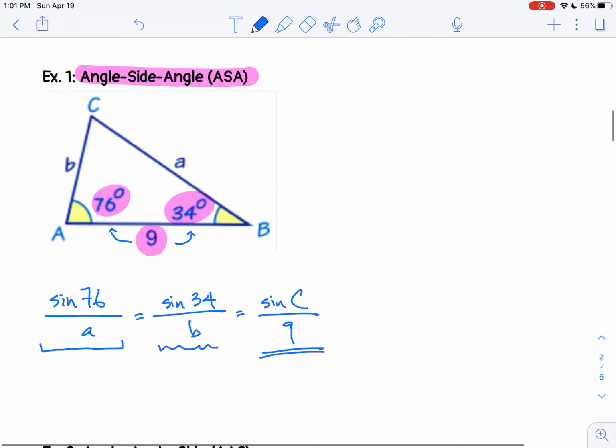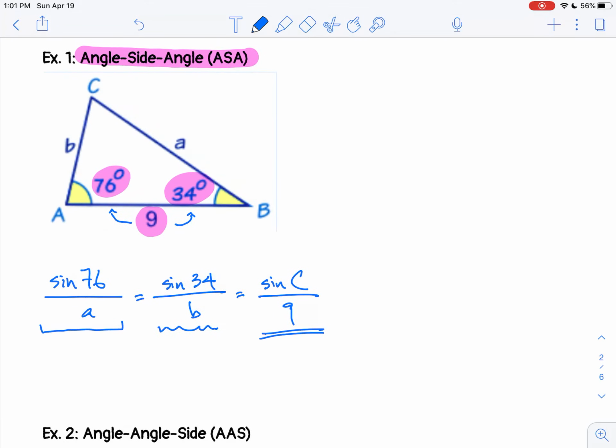But what we're going to do is find angle C first. Okay, so I'm going to find angle C. And I'm going to do that by remembering that I can do 180 degrees, which is how many degrees are in a triangle, minus one angle minus another angle will give me how much is left in the third angle.